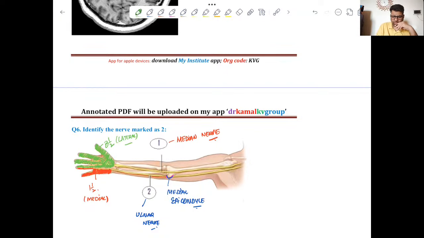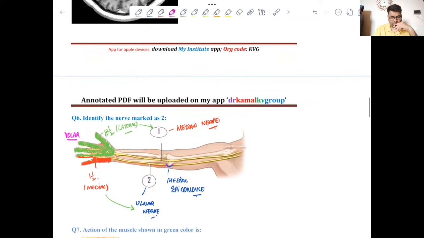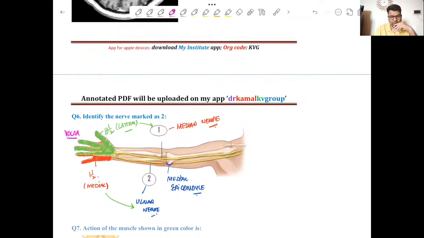Clear? So this way also you can associate your answer. Okay, so this is of course the volar aspect or the palmar aspect. Clear? So that way you can associate. Thumb side is lateral, 3.5 is median nerve, and little finger side, 1.5, is ulnar nerve.